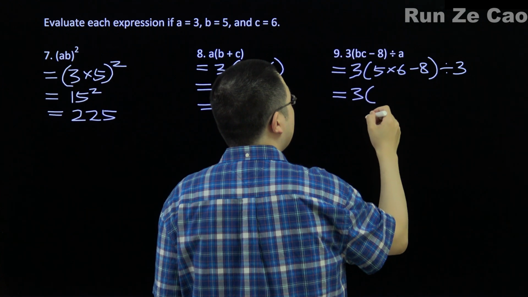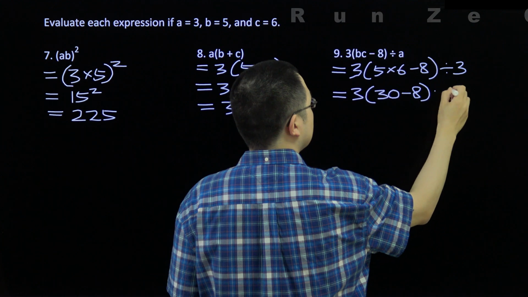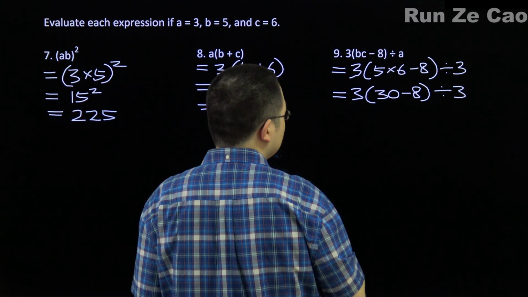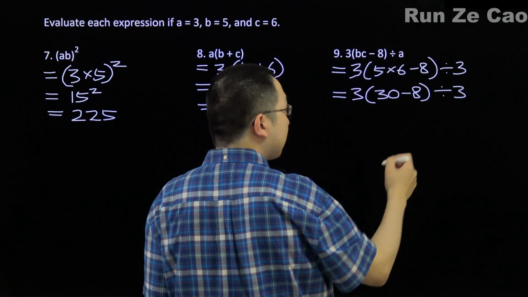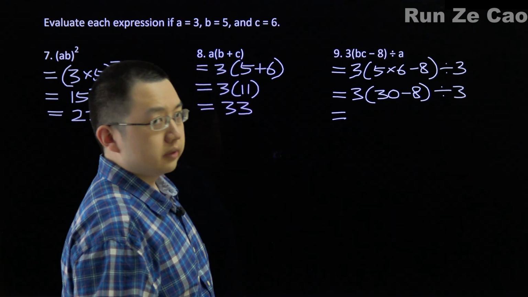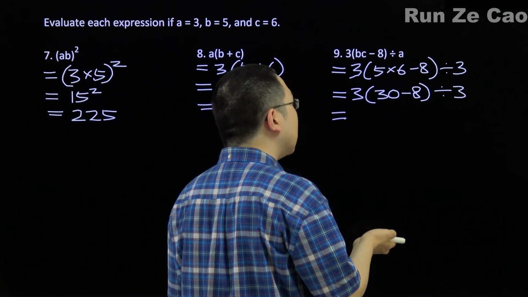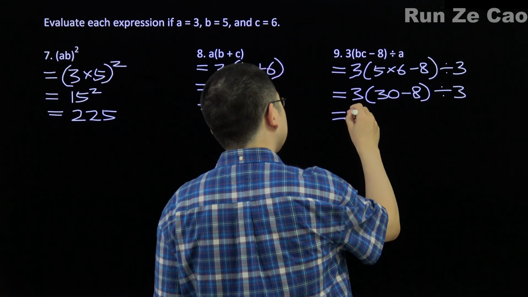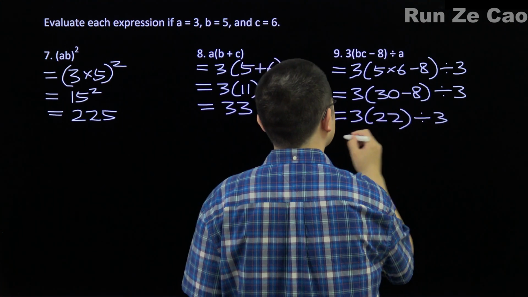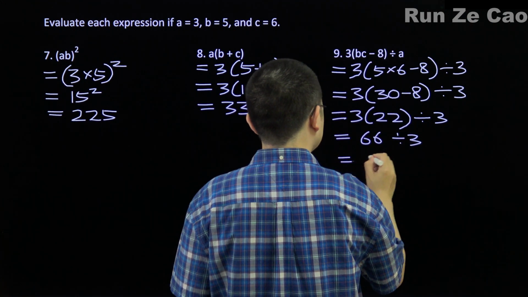So 3 times 5 times 6 is 30 minus 8, and then divided by 3. You can see that times 3 divided by 3, we can cancel them out if we so desire. But since we're going with order of operations here, no, we're not going to do that. 3 times 22 divided by 3. So 66 divided by 3, which is equal to 22.